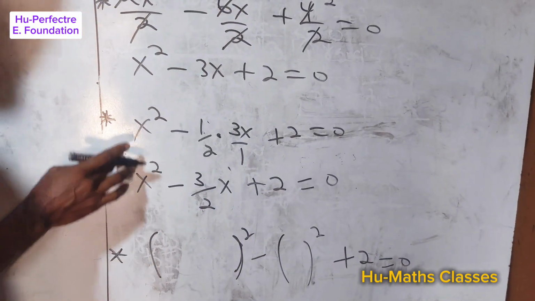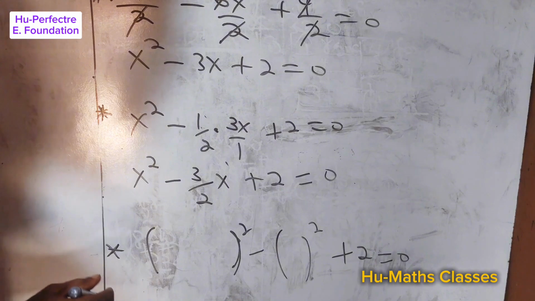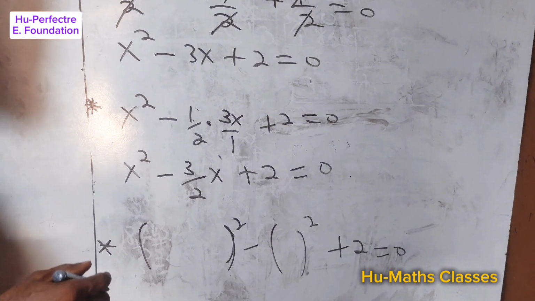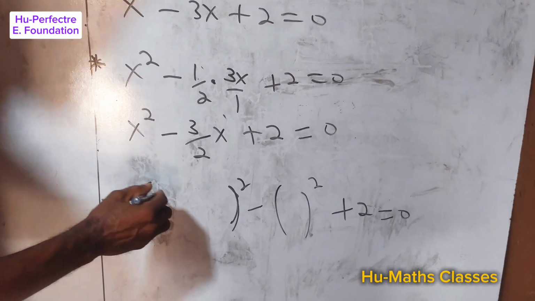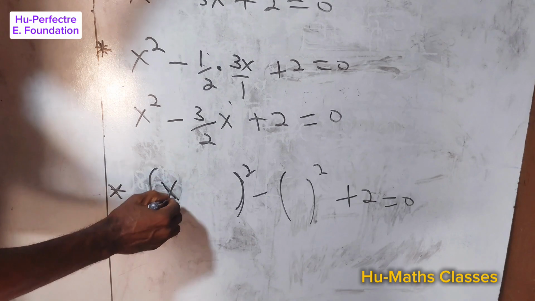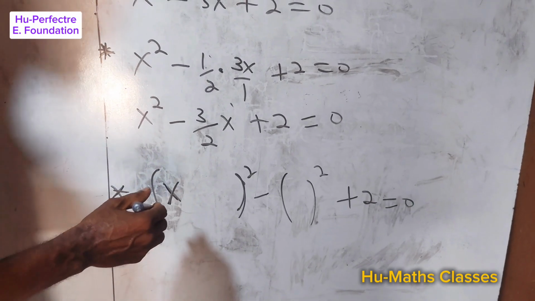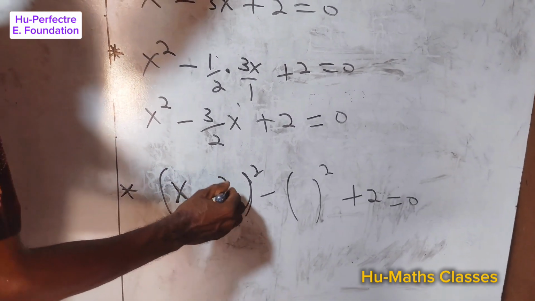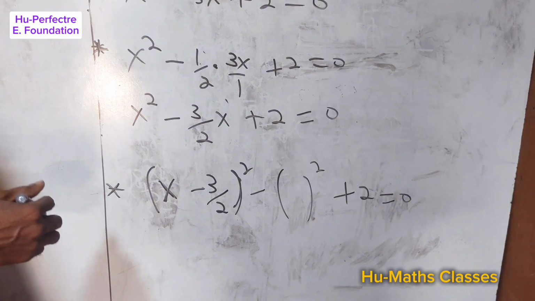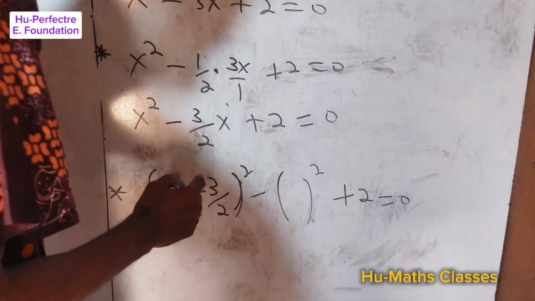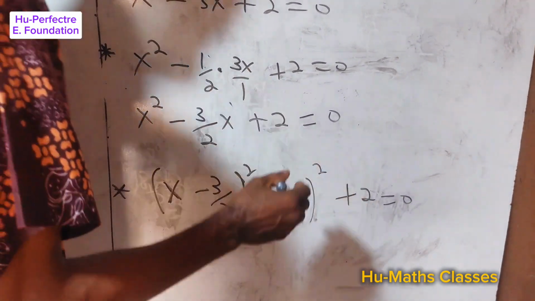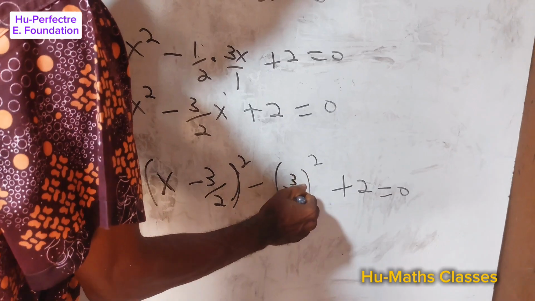Please don't get it confused. So in the first bracket, I'm going to write the independent variable, which is x, and the coefficient of the second variable, which is minus 3 over 2. And in the next bracket, I'll write the coefficient of the second variable alone, which is minus 3 over 2.